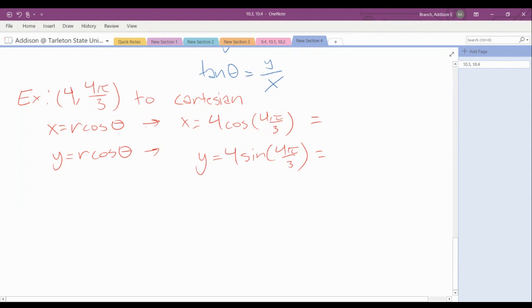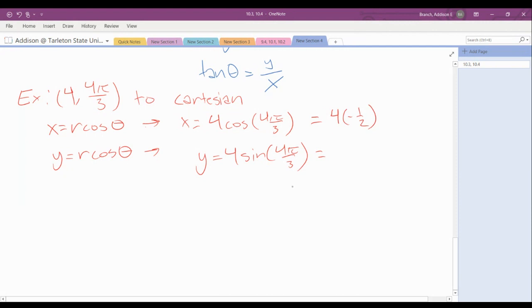All right, so 4 pi over 3 is going to be in our third quadrant, and our reference angle is going to be pi over 3. So if we do cosine of pi over 3, we are going to get 1/2, and since we're in the third quadrant, it's going to be negative, so we get 4 times negative 1/2.